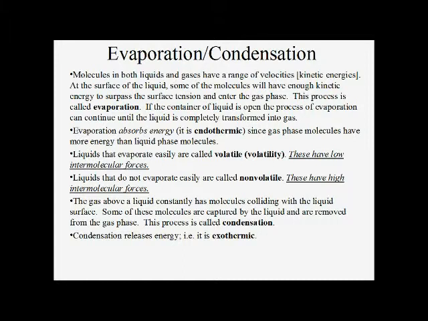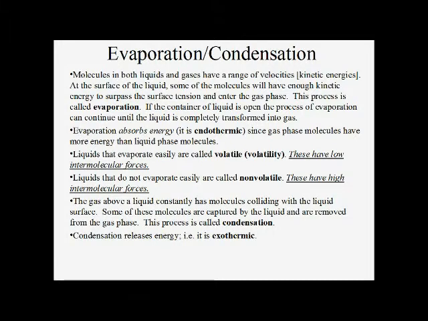If it's an open system, such as a glass of water that's open, the water can escape into the gas phase, and the air can blow away the water. So the water will just keep evaporating away until we finally have no water left.